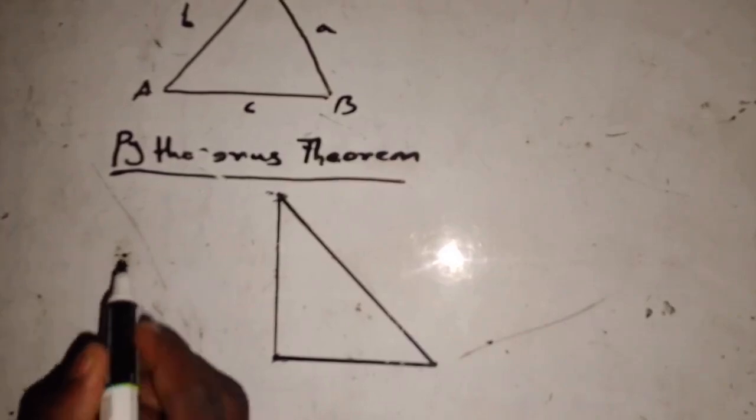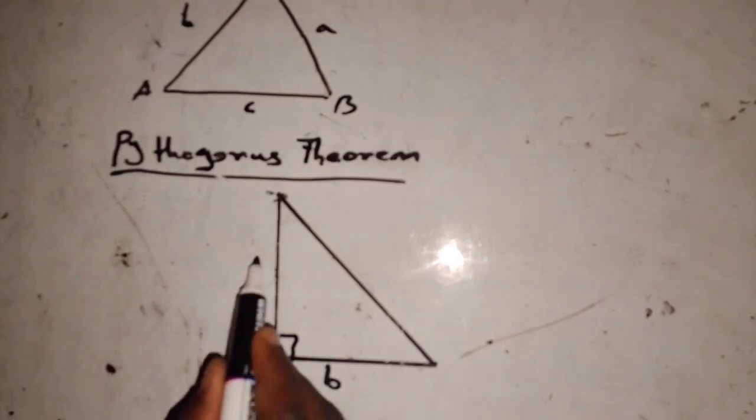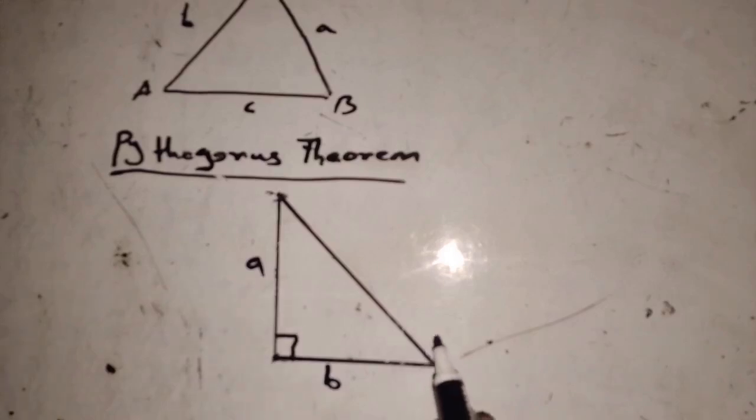Pythagoras theorem deals with the relation between the sides of a right angled triangle. Let's say here we have B, here we have A, and here we have C.